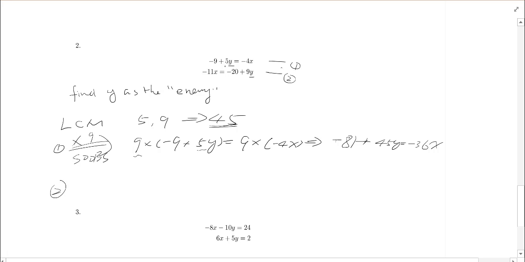One thing you notice in this question is that y is on the left hand side of the first equation, but y is on the right hand side of the second equation. You could just write the second equation switching the sides. It's the same. It doesn't matter whether you write minus 11x on the left hand side or the right hand side.